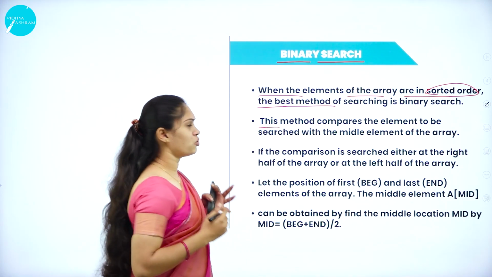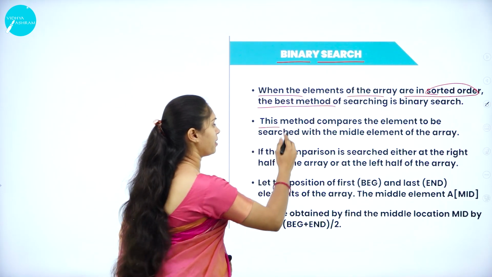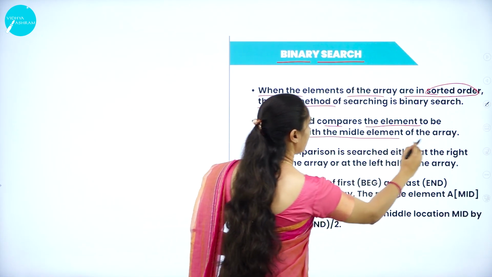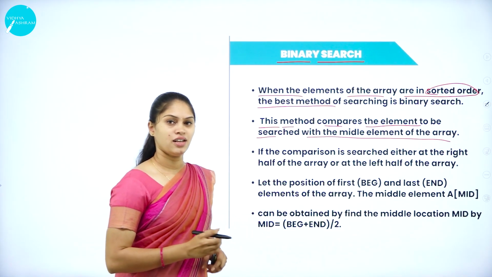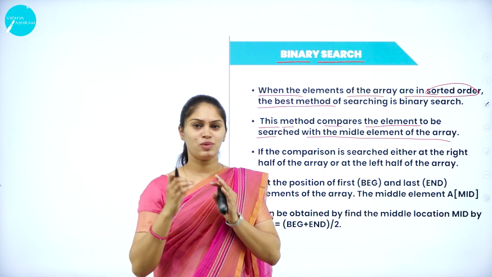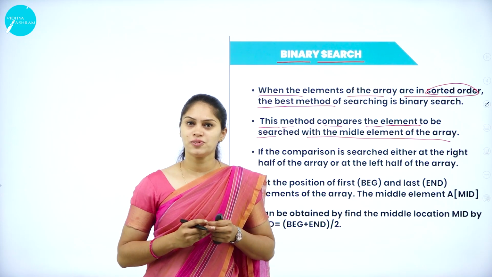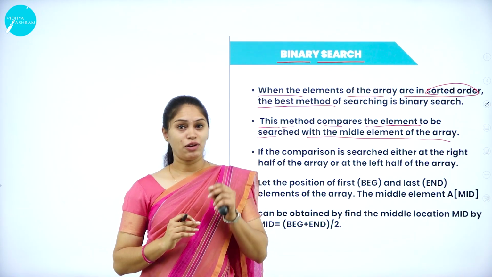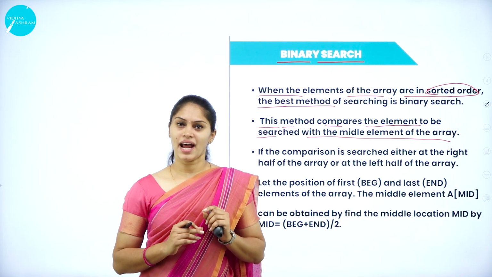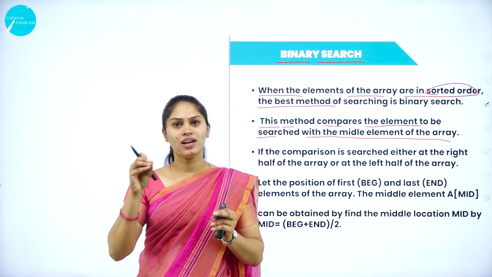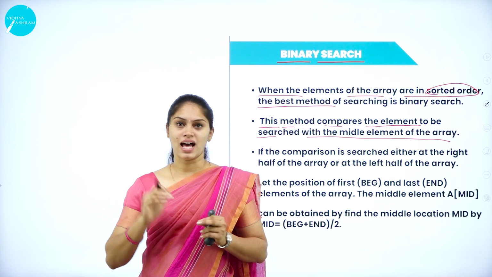So what are we going to do in binary search? The method compares the element to be searched with the middle element of the array. If you analyze the difference between linear and binary search: in linear search, I have one element that I want to search. I compare that element with all other elements up to the last element.